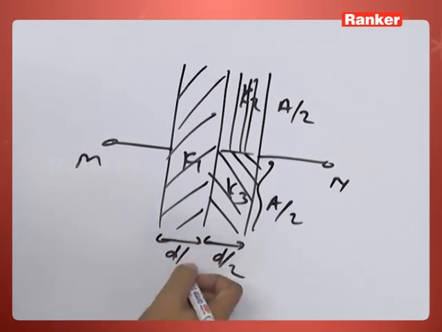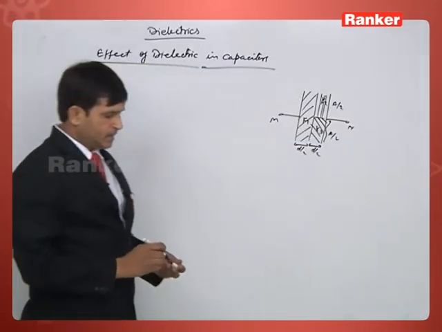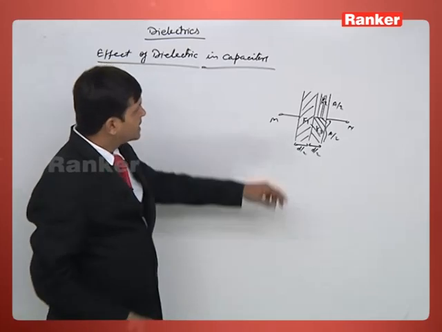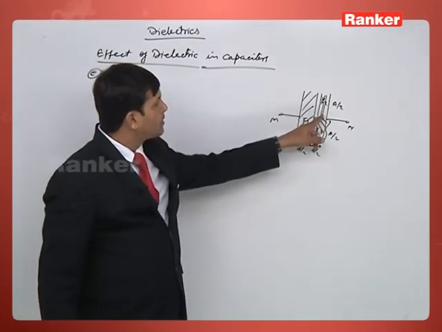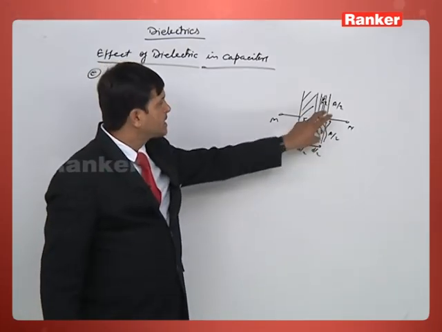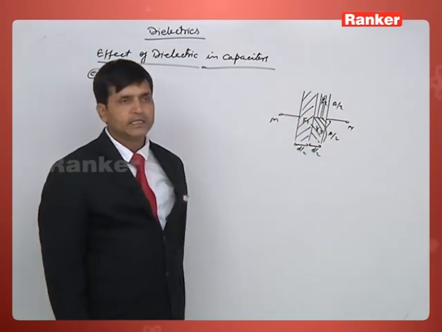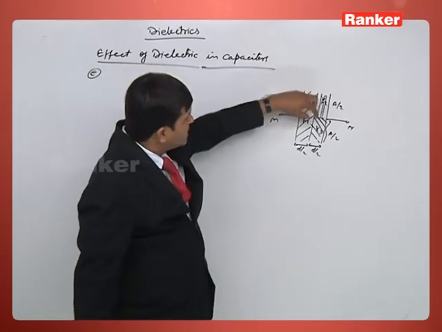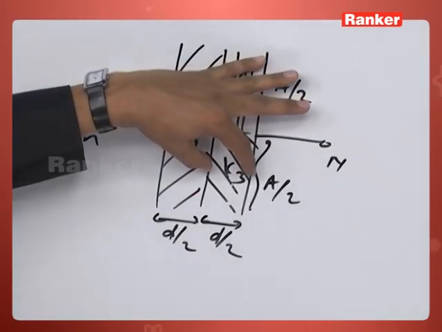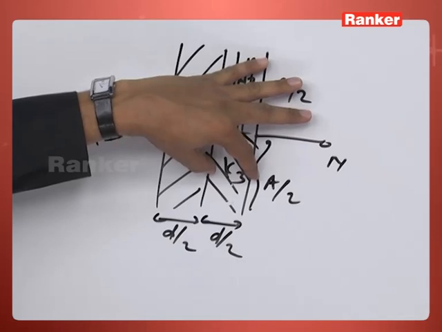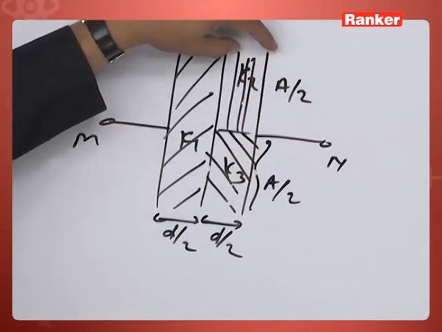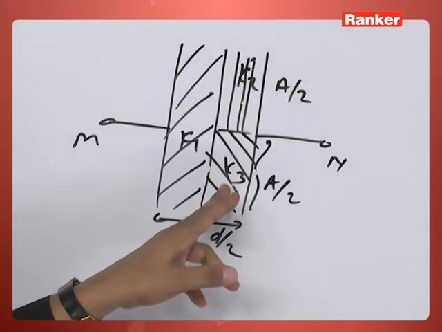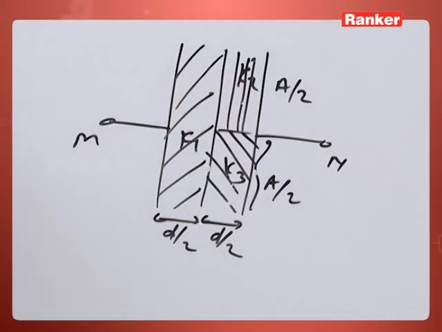What type of mistake can we make here? In a hurry we can say that these two are in parallel, which are connected in series with this, but this is wrong, because the gap between these two, this slab is D by 2 and here also D by 2, but the electric field here is E by K3, here E by K2.